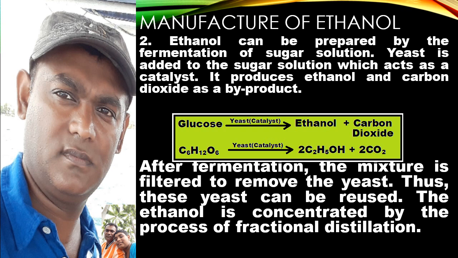After the mixture has been fermented, the yeast is removed by the filtration process. This enables us to reuse the yeast. The ethanol is concentrated by the process of fractional distillation.